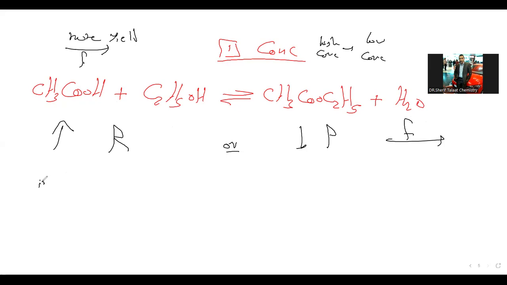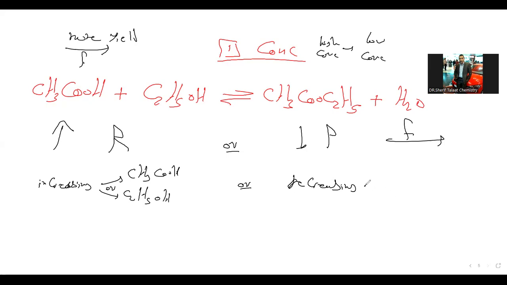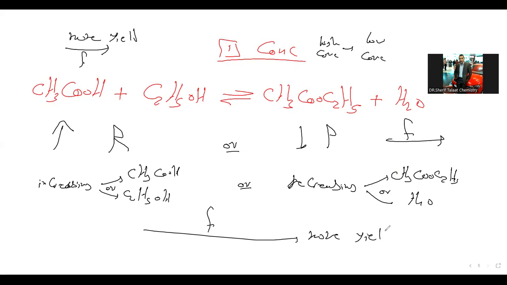So if we are increasing CH3COOH or C2H5OH, or decreasing CH3COOC2H5 or H2O, this means that the reaction moves forward and more yield is produced.